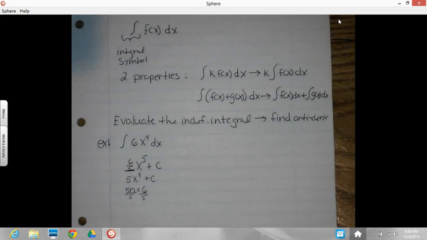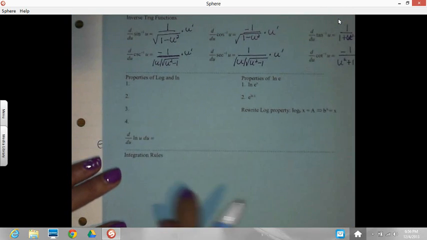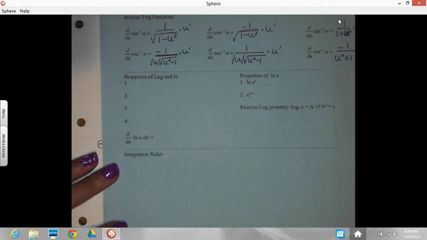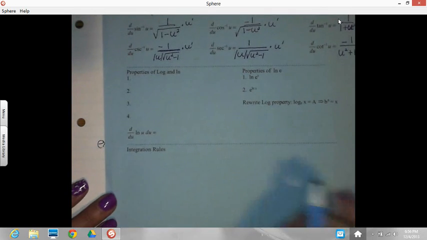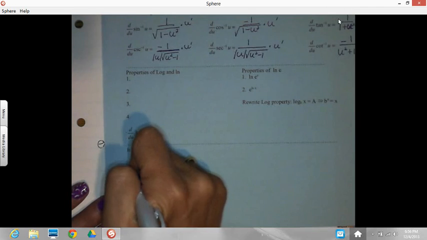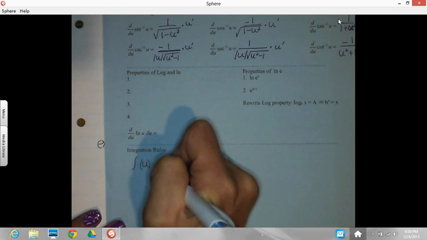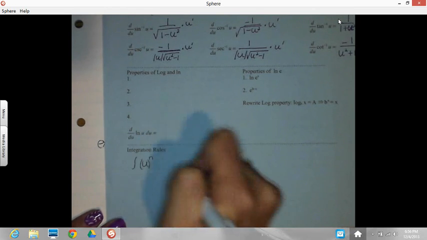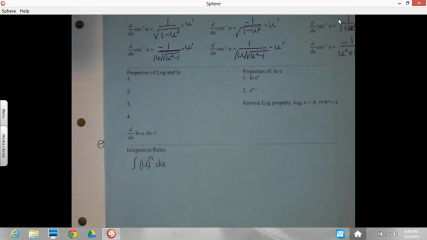So on your blue sheet, down at the bottom, you'll see your integration rules, and we'll add several of them down here. The first one is the one that you will use the most, and it's the integral of u to a power du. I'm using u's instead of x's just because I think it'll make a little more sense to you.